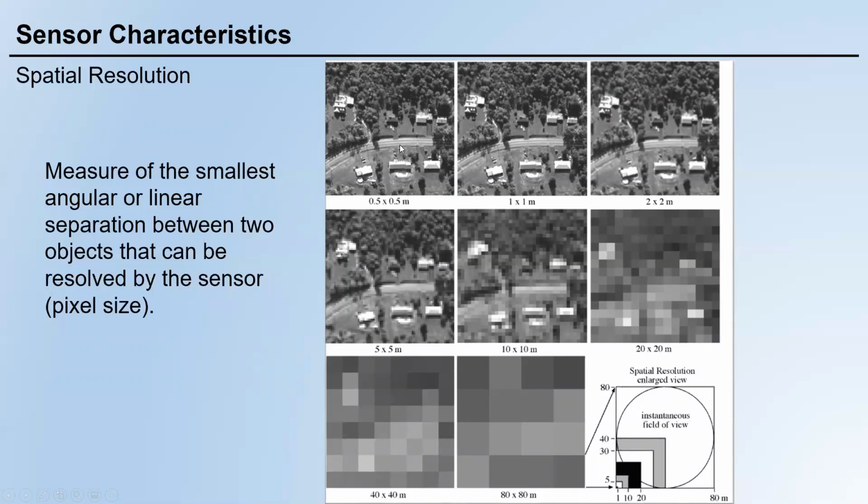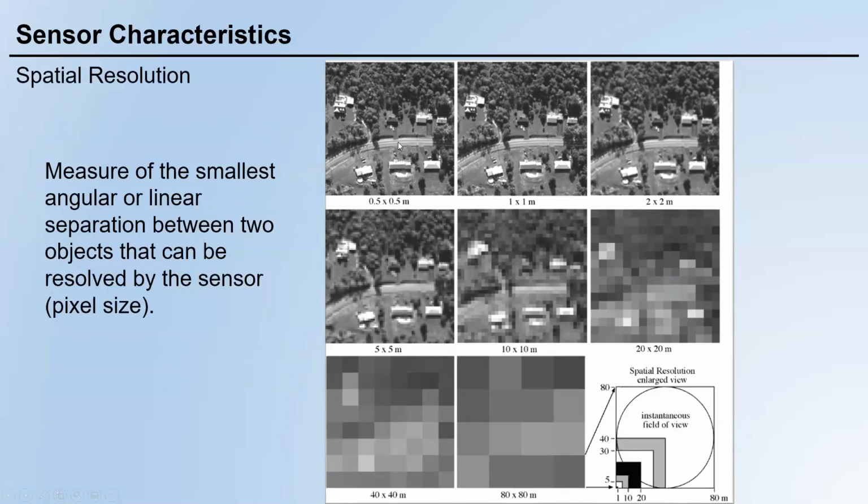So each pixel here represents a very small area in the real world, which is 0.5 by 0.5 meter. In other words, 50 centimeter by 50 centimeter. That is the real world area addressed by each pixel in this image.